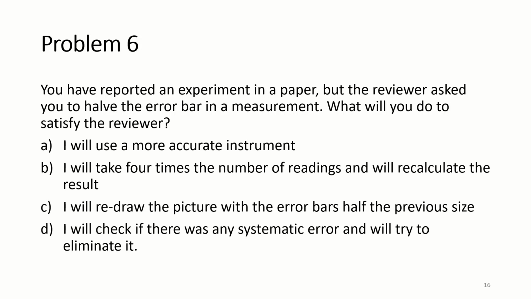Systematic error is something like, you have an experiment, and systematic error is the error that is very consistent with each of your experiment observations. That is what a systematic error is.